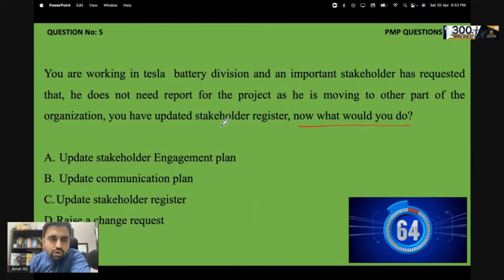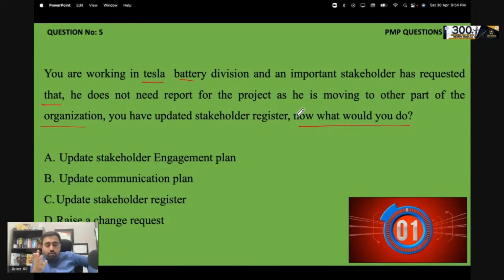You are working in the Tesla battery division and an important stakeholder has requested that he does not need a report for the project as he is moving to another part of the organization. You have updated the stakeholder register. Now what would you do? Put the answer in the chat. Now you are going to change his current engagement level. Now he is more of a neutral, he's not supportive.